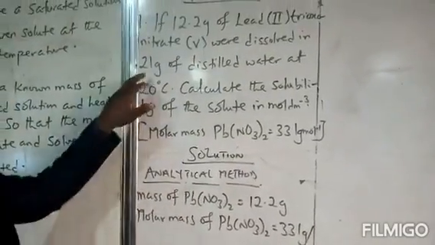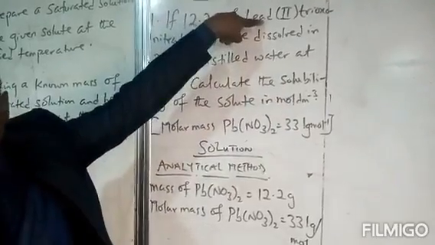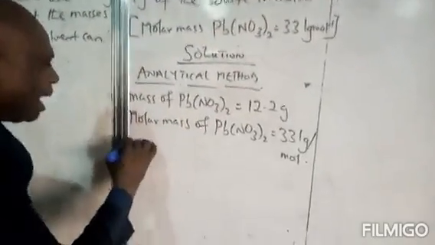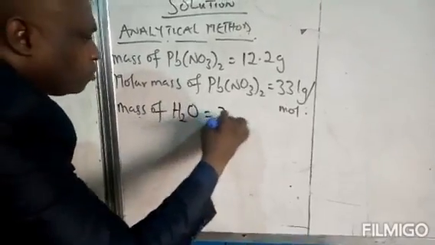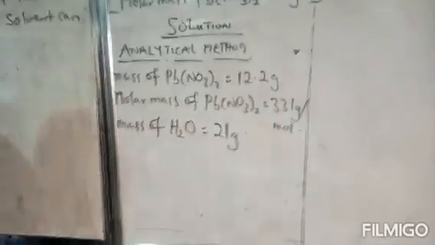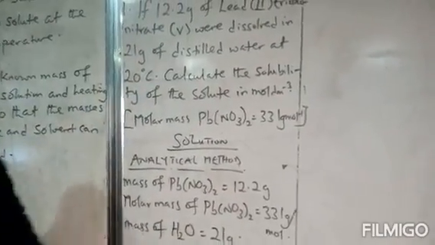The next one given is 21 grams of distilled water which dissolved the lead(II) nitrate, so mass of water is 21 grams. Of course, the temperature specified is 20 degrees Celsius, so we don't need that.